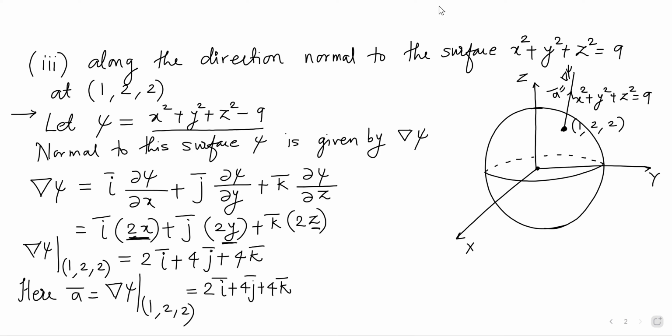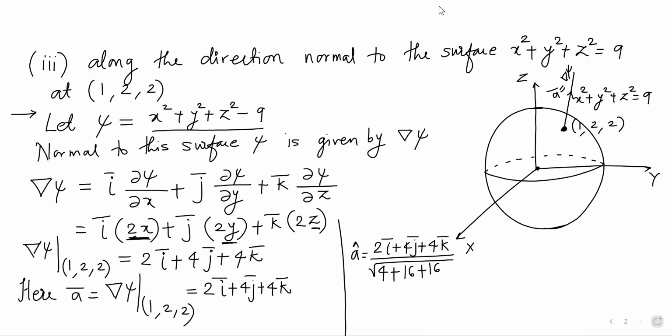Okay, now what we have to do to find the directional derivative is to find a cap. So what is our a cap? A cap is 2 i bar plus 4 j bar plus 4 k bar divided by the square root of 4 plus 16 plus 16.